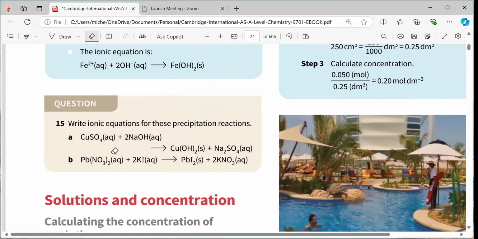Now we're going to go to question number 15. So this is like a review of previous classes. We're going to write the ionic equation. So this is about ionic equations again. I think ionic equations back in high school, I can say it's pretty common, one of the very first lessons of chemistry that you will encounter.